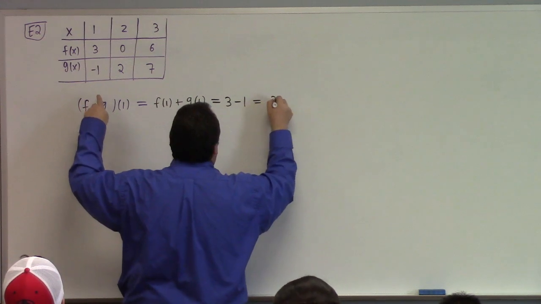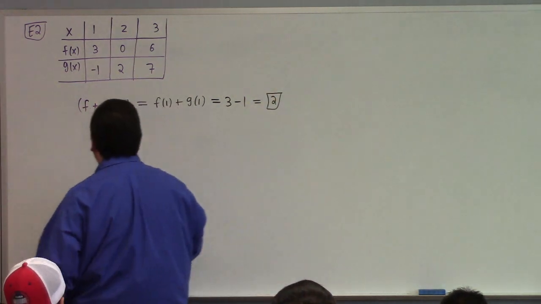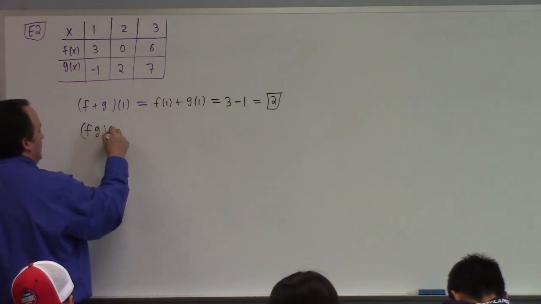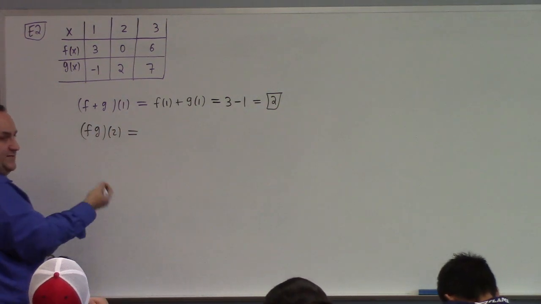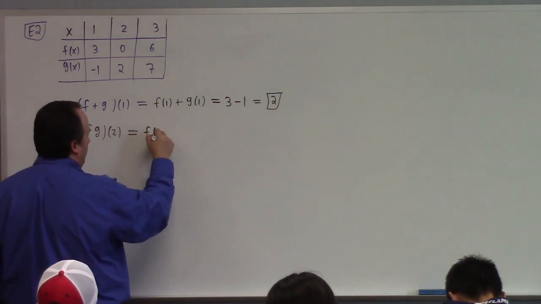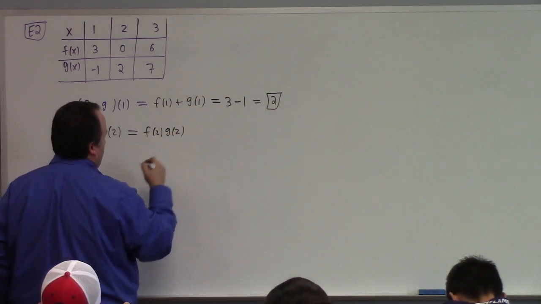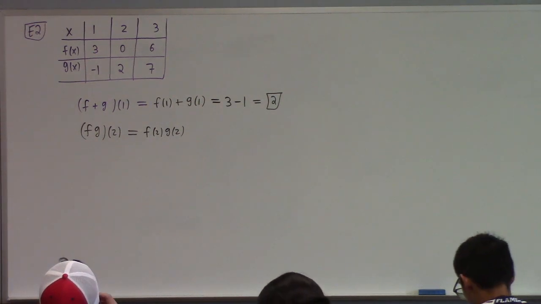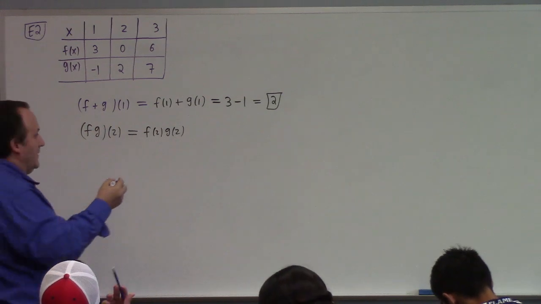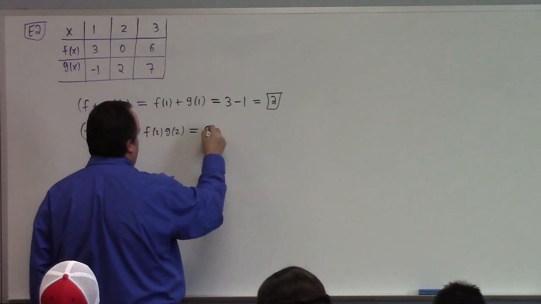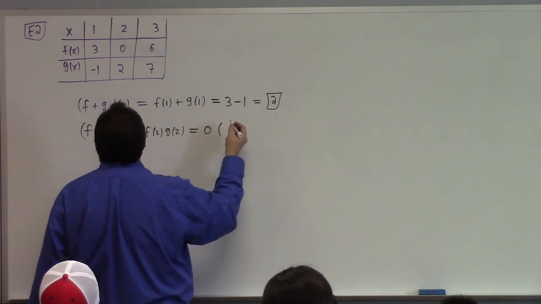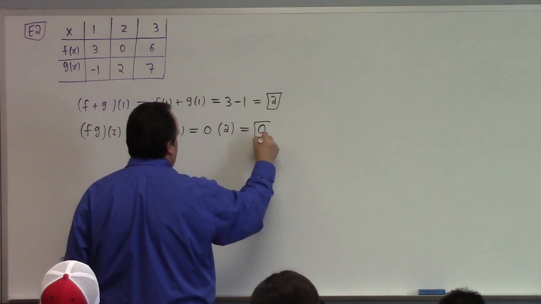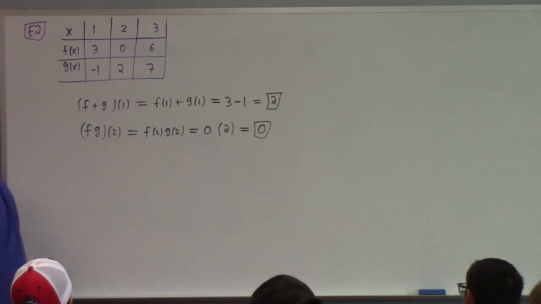So I think someone told me 2 a second ago. That would be correct. Very good. What would fg of 2 be equal to? Well, by definition, that would be f of 2 times g of 2, right? Which would be what in this case? Yeah, we've got a 0 times, well, who cares, right? So 0 times 2. So that would give us 0.